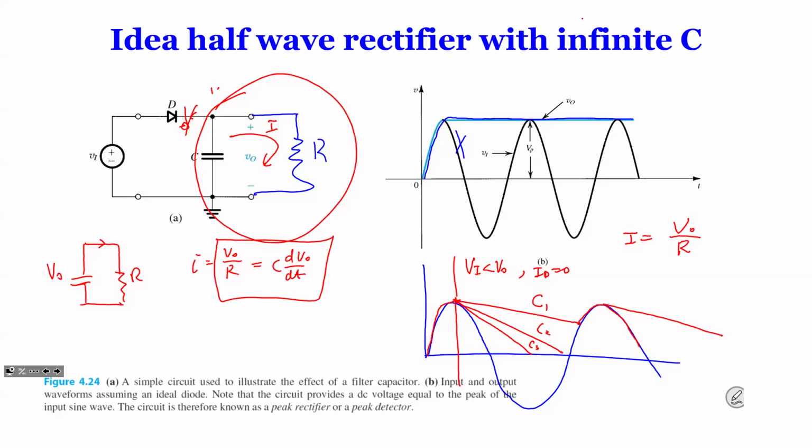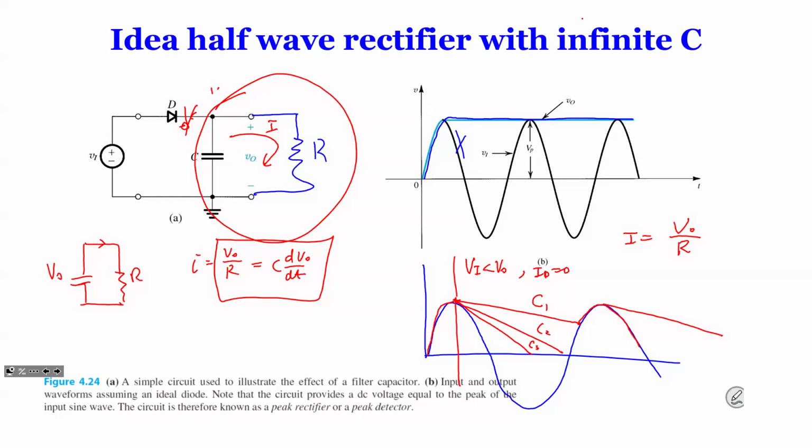So it's going to drop a little bit. Instead of solving that equation, we can do some sort of estimation. The reason is that if we want to maintain the voltage close to this point, from here to here, how much time do we have?